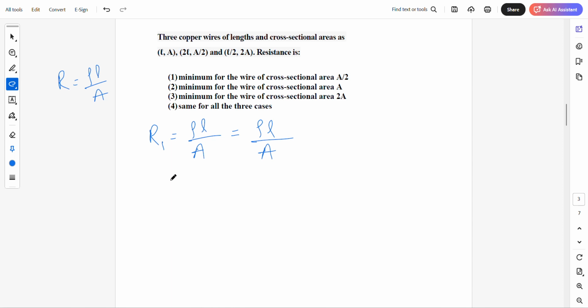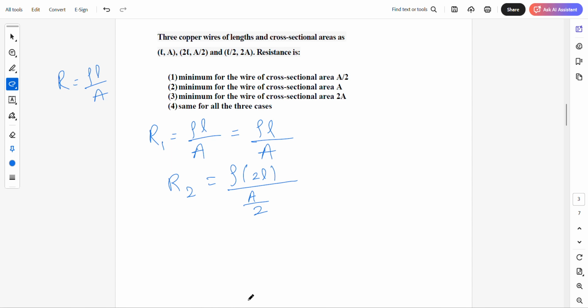Now let us see R2. In place of length you have to write 2L, divided by, in place of area, A by 2.